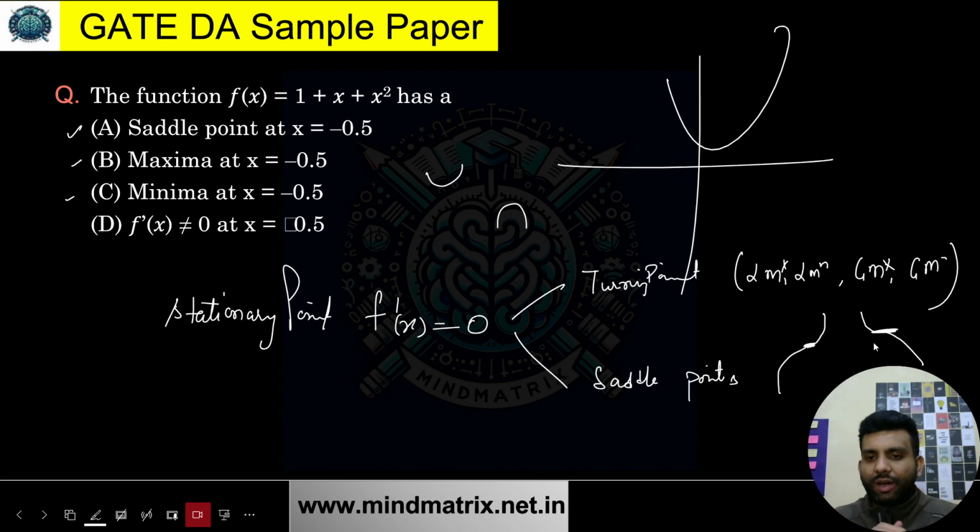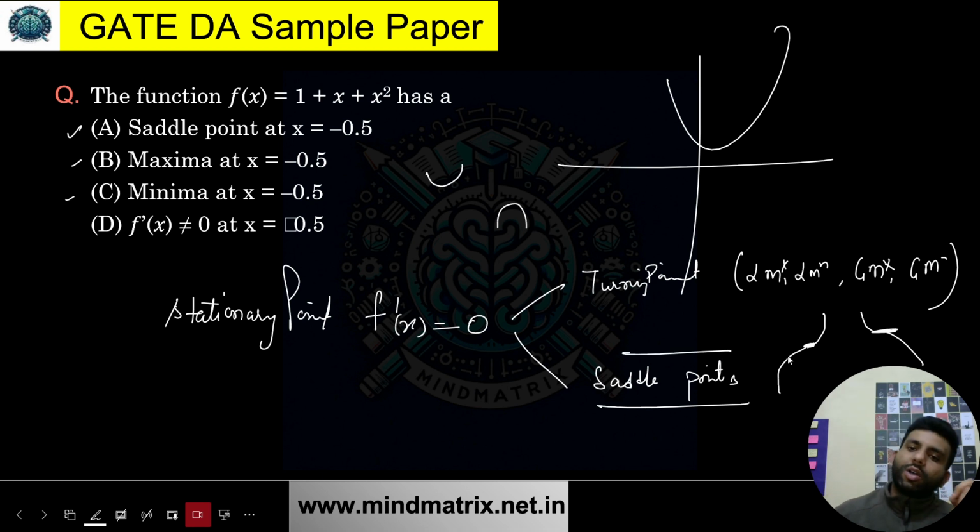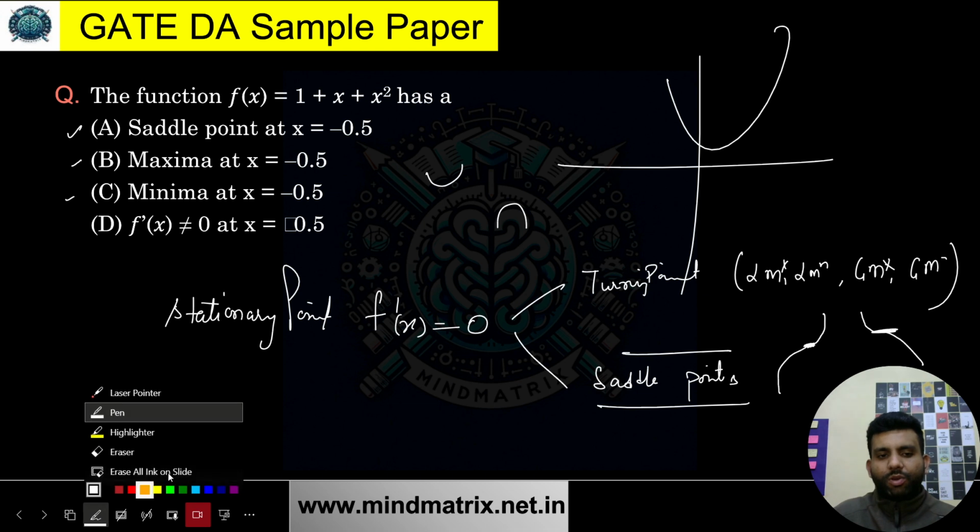And when we talk about more dimensions, saddle point has some more added attributes and definition to it, which we won't be discussing right now. So right now you can just consider a saddle point to be a point where there will not be a turning point, and turning points would be maxima or minima points. And at all of these maxima, minima, saddle points, your f dash x will be 0. I hope this brief idea is clear to you guys.